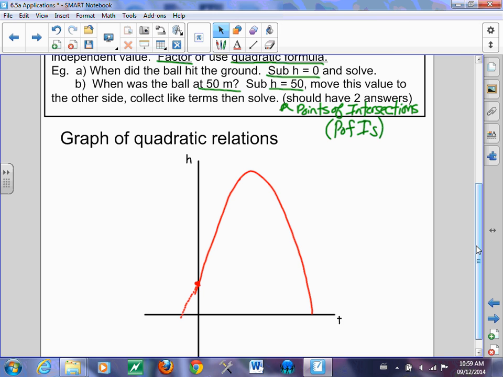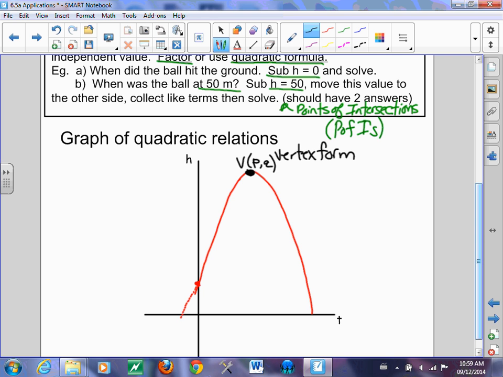Based on a time-height graph, if they ask for minimum or maximum values or the vertex, you need to get this into vertex form. Your vertex is P and Q. Most times it's going to be in standard form, so most of the time you're going to have to complete the square, which is the method we just did in warm-ups.